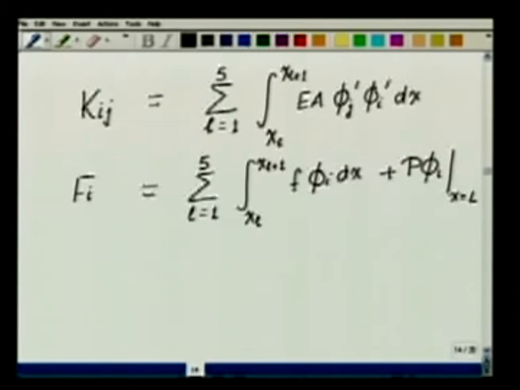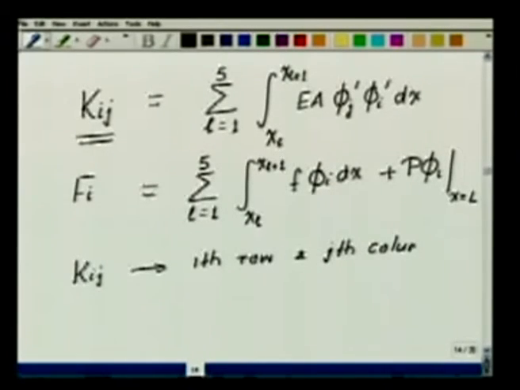Okay, so let's now look at this ijth entry carefully. So Kij corresponds to the ith row and jth column. Now, one very important feature of the finite element method is that this matrix K is not fully populated.